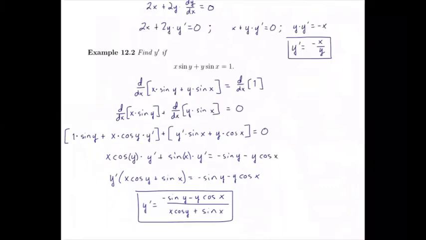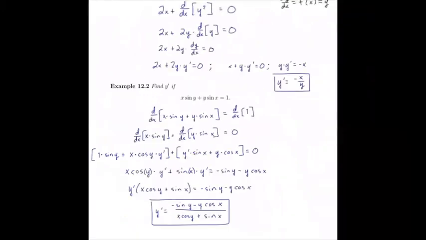Now the task is this. We have y prime in two places here. We want to collect those terms together and solve for that y prime. So the rest of this really is nothing more than algebra. A lot of times we don't get very clean and nice expressions. Nonetheless, they'll do the job that we need them to when the time comes.